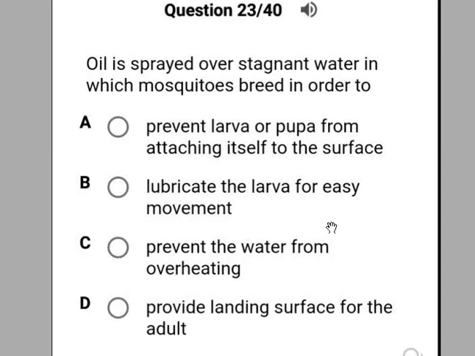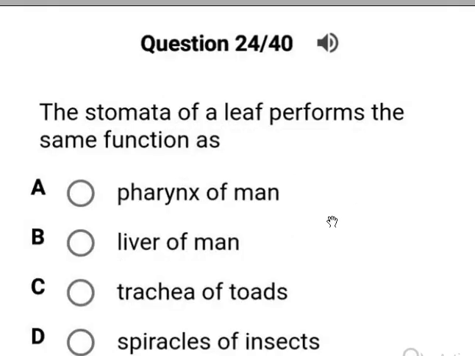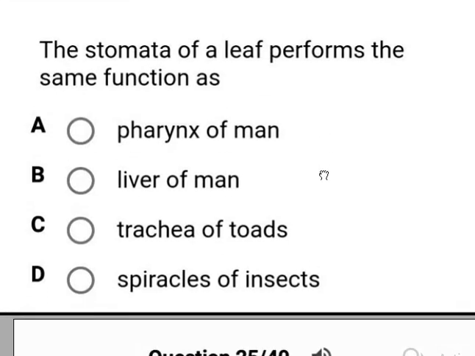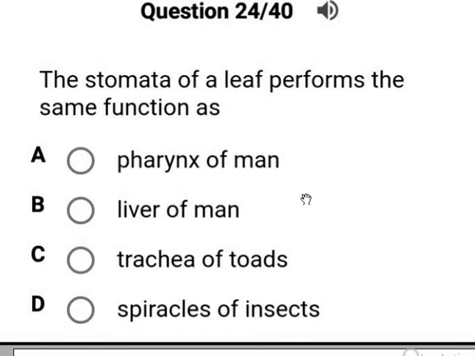The next question is 24. The stomata of a leaf perform the same function as: A. the fractings of man's, B. liver of man, C. structure of thought, D. freckles of insects. The correct option is the structure of thought.